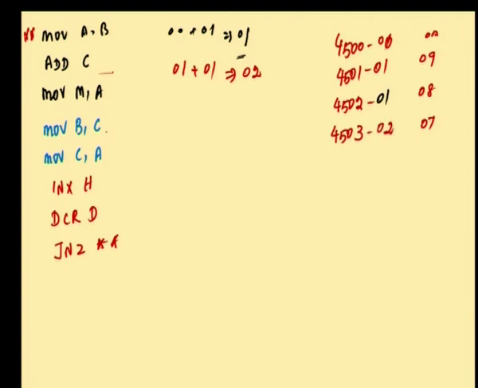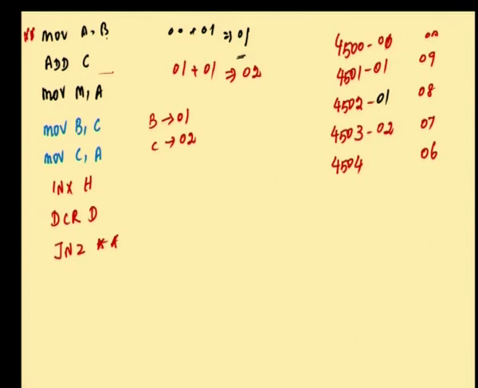Then I am moving the C register value which is 01 to the B register. So, now the B register value is 01, and the C register value is the accumulator value which is 02, right. Then increase the memory location to 4504, decrease the counter value to 06, it has not reached 0. So, now move to this instruction.